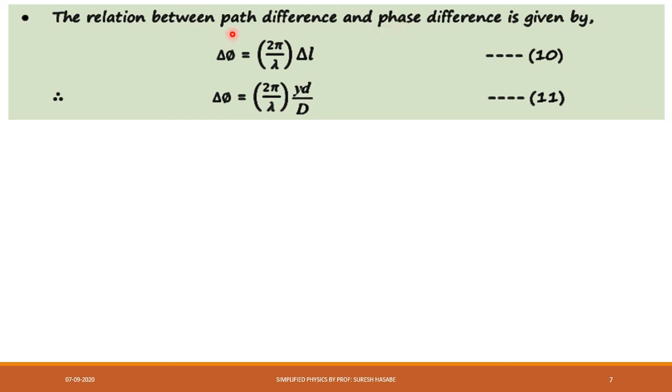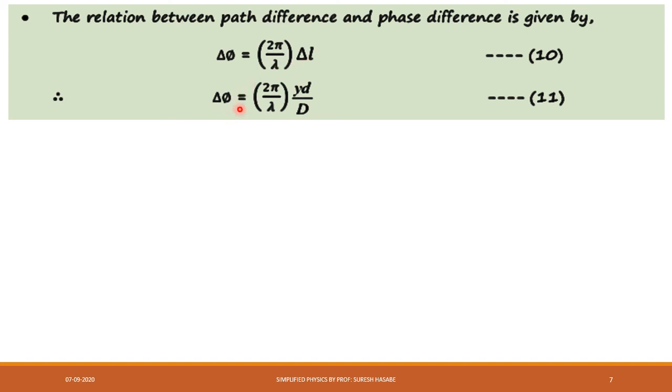Now the relation between path difference and phase difference is given by this formula: delta phi, that is the phase difference, is equal to 2 pi upon lambda delta L, where delta L is the path difference. Delta phi is equal to 2 pi upon lambda multiplied by the path difference.